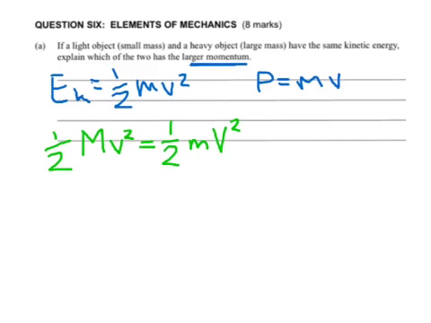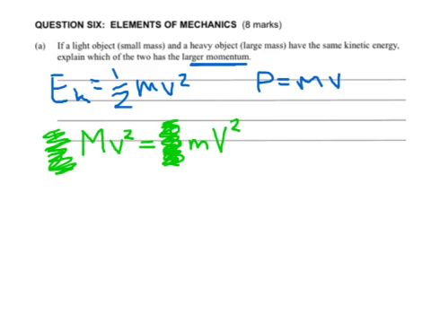And straight away, just to make it easier, we can cancel out the halves because that's the same on both sides. Because we're trying to find out which has the larger momentum, we're trying to find both momentums in terms of the same variables.